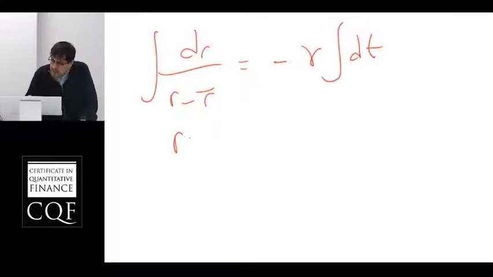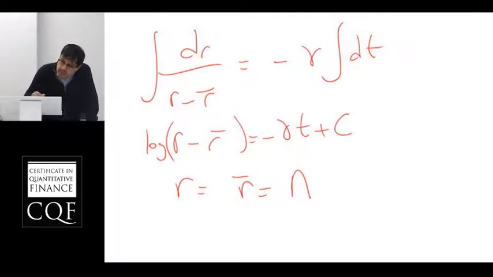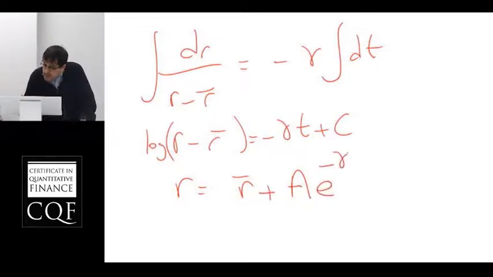Integrating, log of (r minus r bar) is minus gamma t plus a constant c. r is equal to r bar plus a e to the minus gamma t.